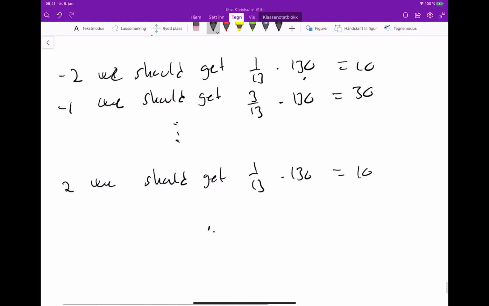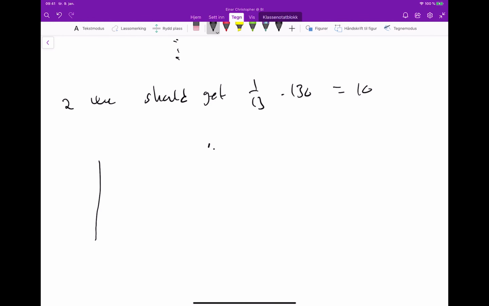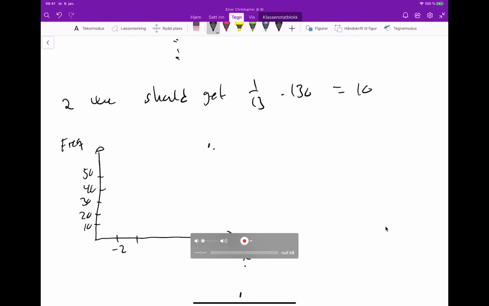So the histogram should be looking something like this. This is a frequency histogram: 10, 20, 30, 40, 50 frequency, and here is x, and the values are minus 2, minus 1, 0, 1, 2.